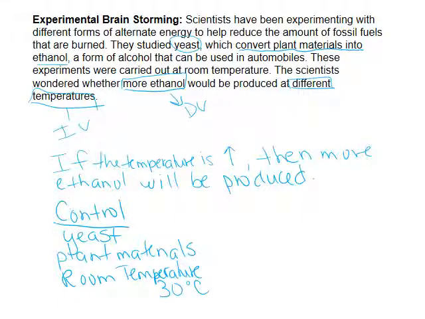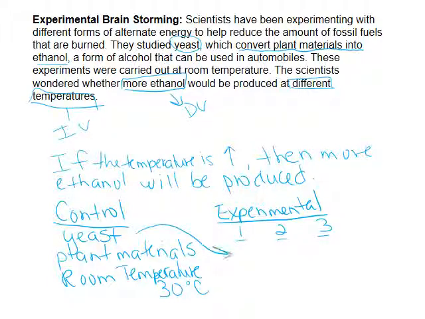Okay, so if I take a look at this, my experimental group, and I think I'm going to do 3 groups, they're going to contain all the constants. The constants are going to be the things that are found in the same group.